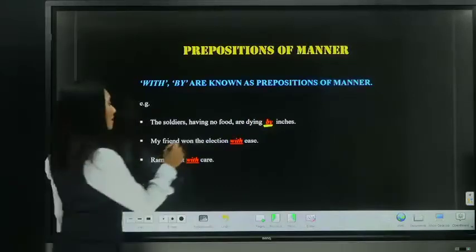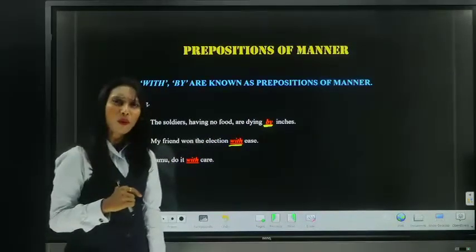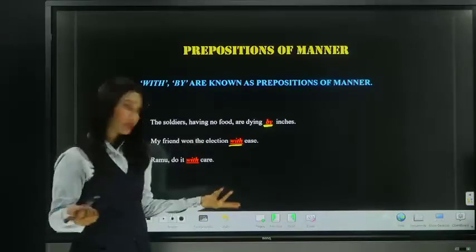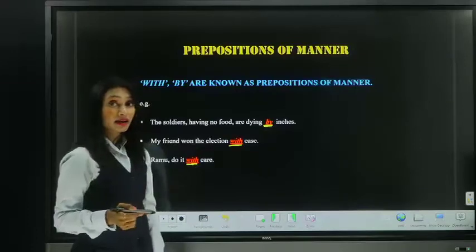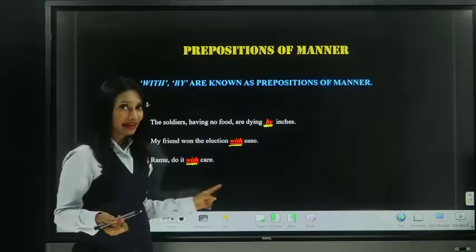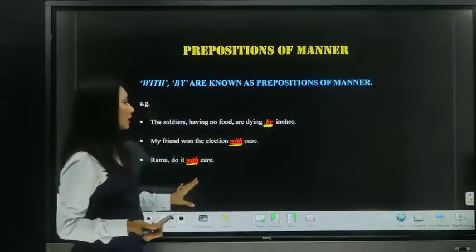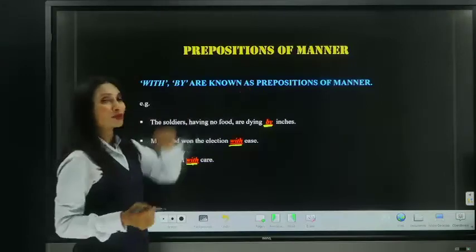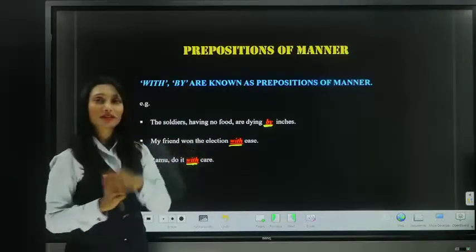Now look at this. My friend won the election with ease. How? With ease, with comfort. Ramu, do it with care. Handle it with care. How? With care. So both prepositions by and with are also used as prepositions of manner to indicate how an action is taking place.